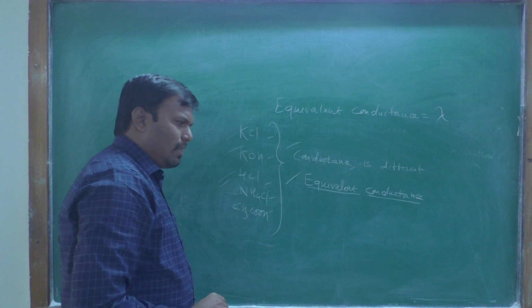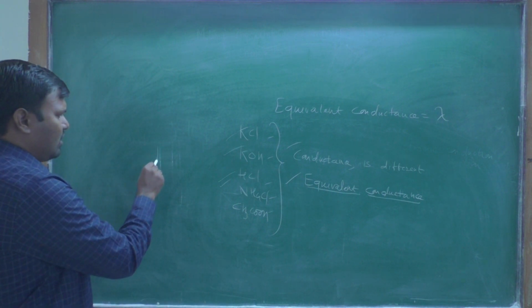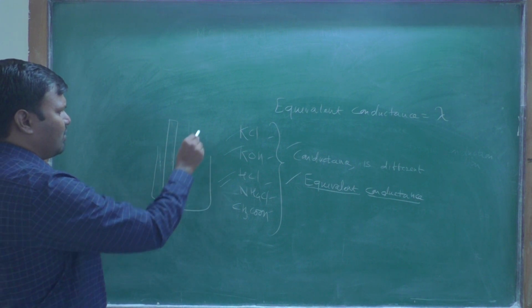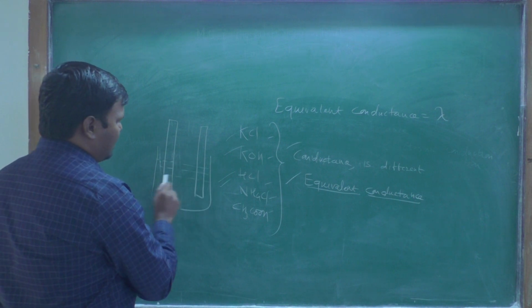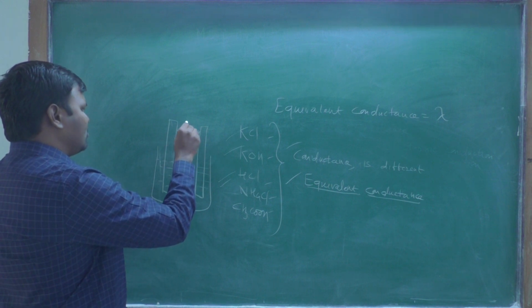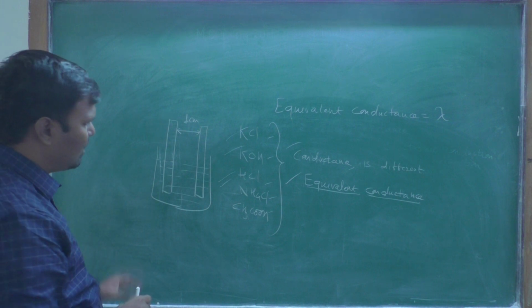What is the meaning of this conductance we will show here. Suppose we have electrodes separated by unit distance, say 1 centimeter, and electrolyte is inside.